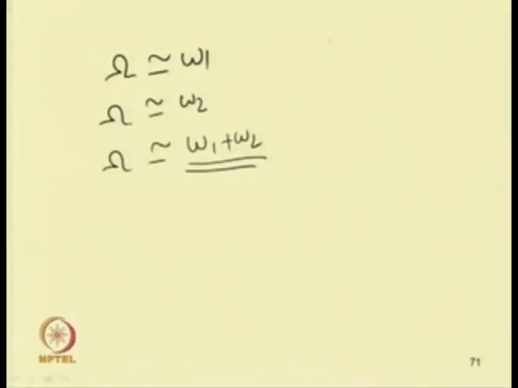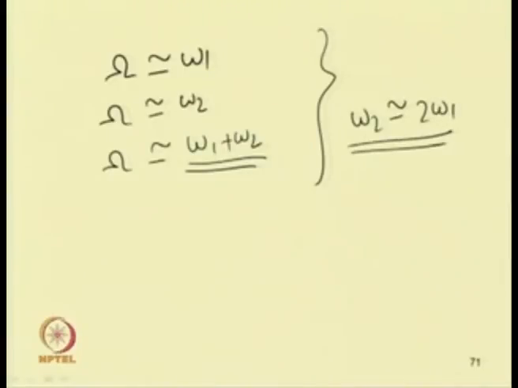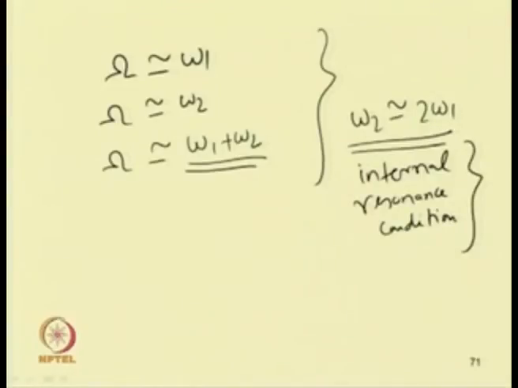One can consider the case when omega 2 may be nearly equal to twice omega 1. In that case one will observe the internal resonance condition. So, one can study several different types of resonance condition here.